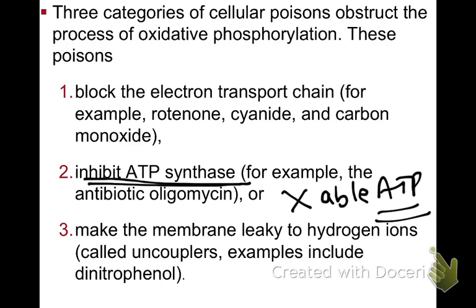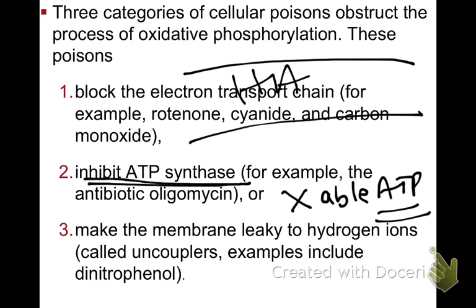Okay. Or there is the third kind wherein the membrane becomes leaky. See now, what was the main way in which at the end of all of this chemiosmosis and oxidative phosphorylation, we had a difference of number of protons on the outside versus on the inside.